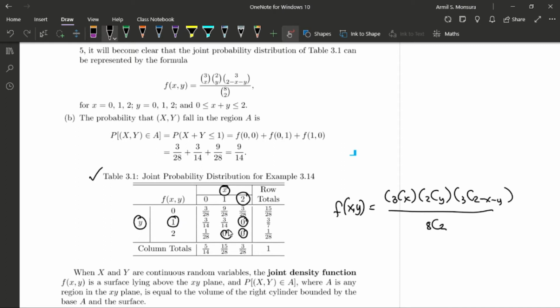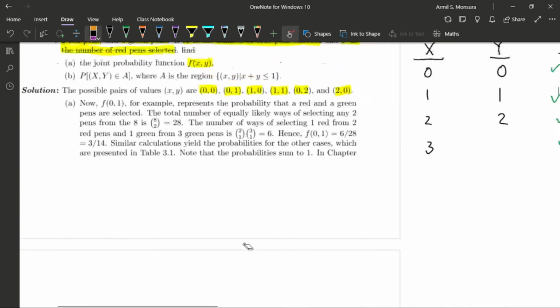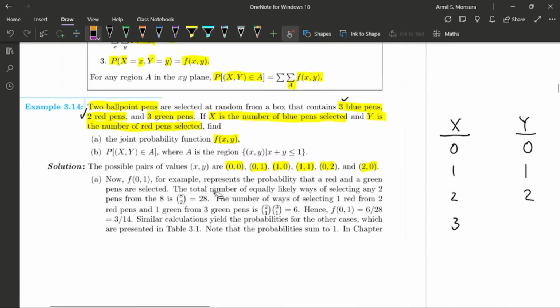Again, we are only choosing two ball pens, so the total of x and y is 3, which is now beyond the extent of our experiment. So for this one and this one, their probability is 0.